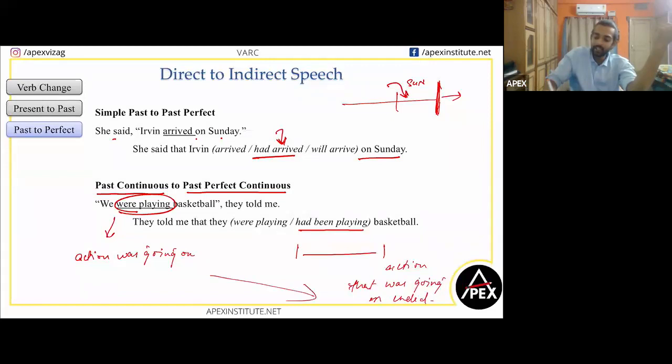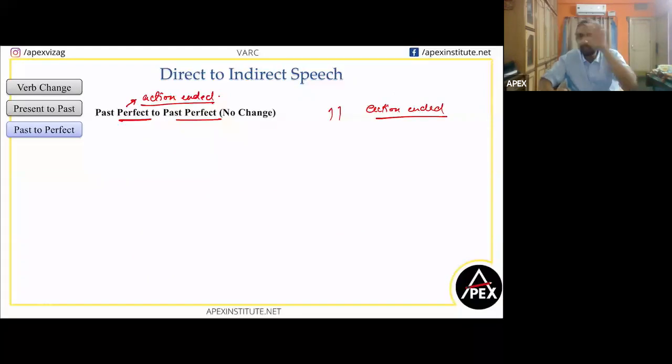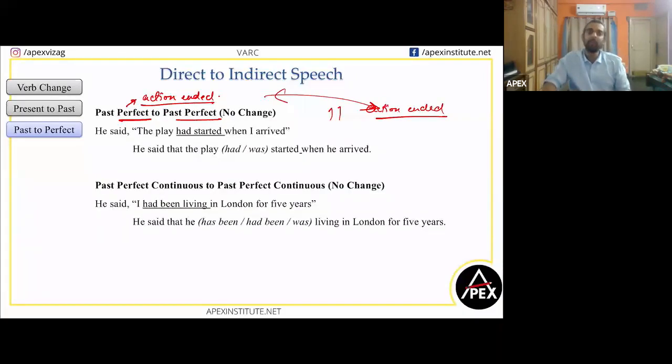So see, there's a change in what happened and what you are trying to tell. But over here, there's no change in what happened and what you're trying to tell. Correct? So if there's a past perfect statement, it will remain in past perfect. If there's a past perfect continuous statement, it will remain in past perfect continuous. Okay? Is this clear? Yeah?